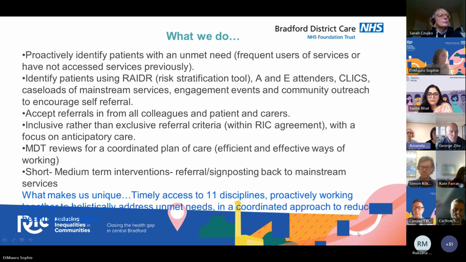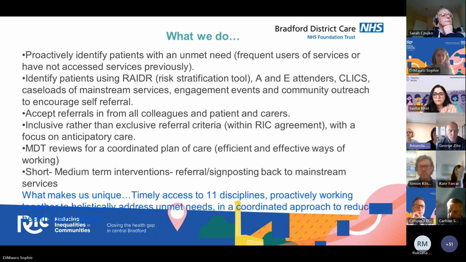From the MDTs, we offer a coordinated plan of care that has short-term, medium and long-term interventions, and at the end of our care input, we make sure that you've been referred on or have a wraparound service, and know who to refer to should your condition escalate in the future.